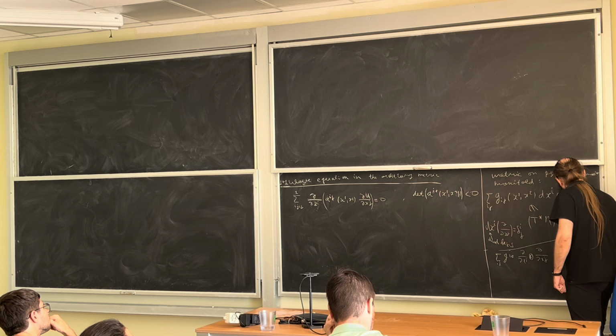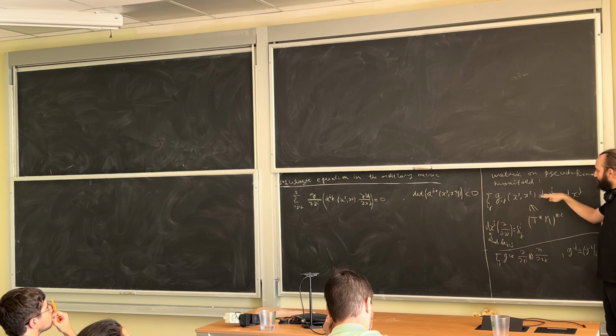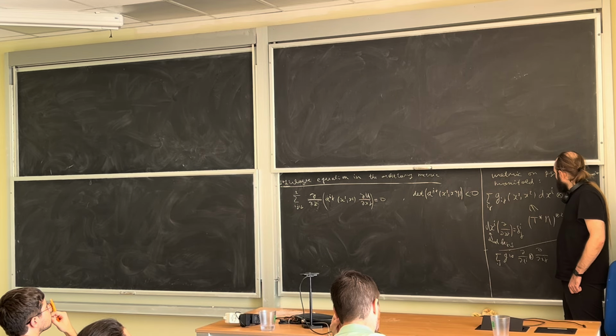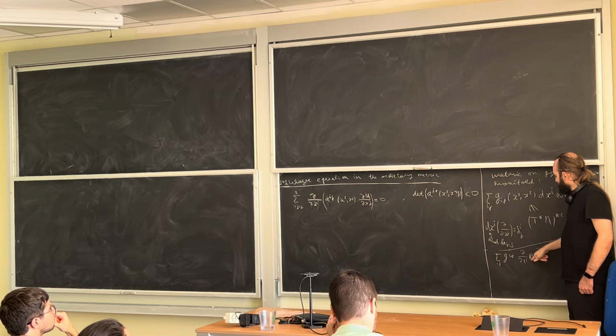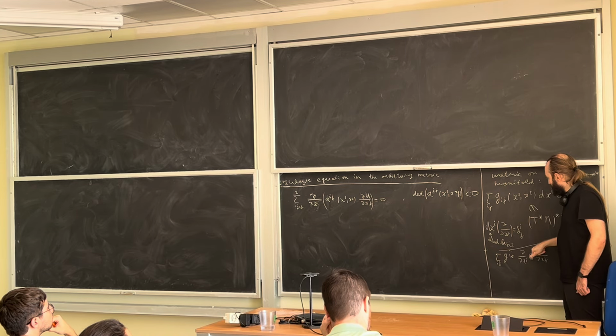Maybe better to write it like g inverse ij. So this object defines a quadratic form on the tangent space, and this defines a quadratic form on the cotangent space.